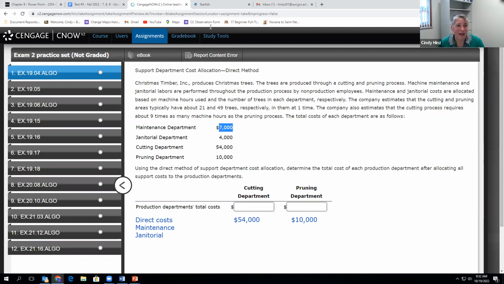So 9 out of 10 machine hours is used for the cutting department. And so I'm going to allocate $6,300 of the maintenance cost to the cutting department, and the other 1 in 10 hours, or $700, is going to be allocated to the pruning department.